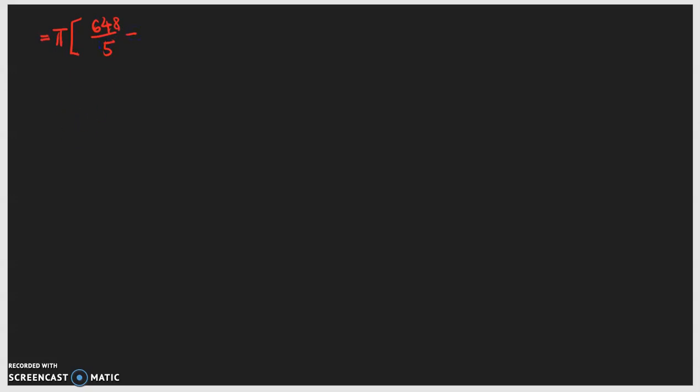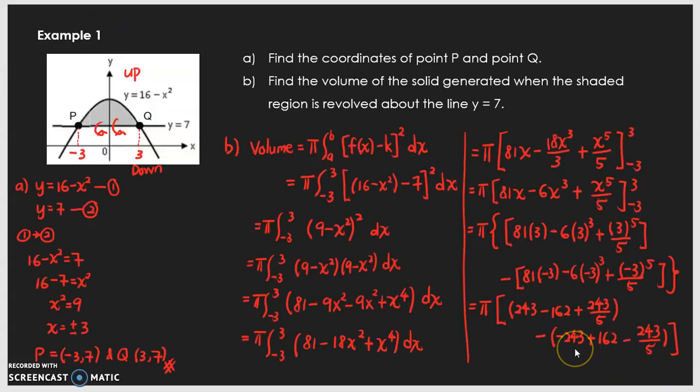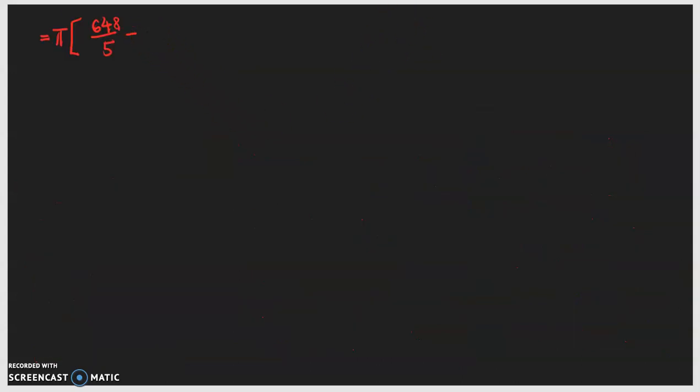Minus, now come to the second part, negative 243 plus 162 minus 243 over 5, which gives negative 648 over 5.